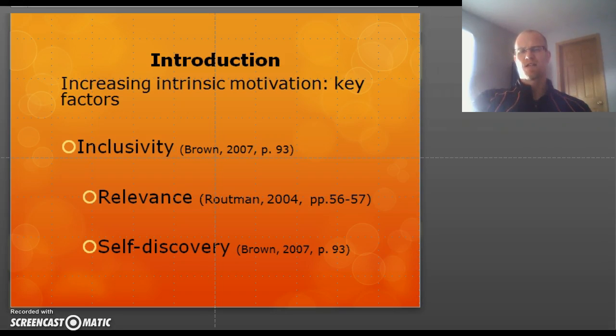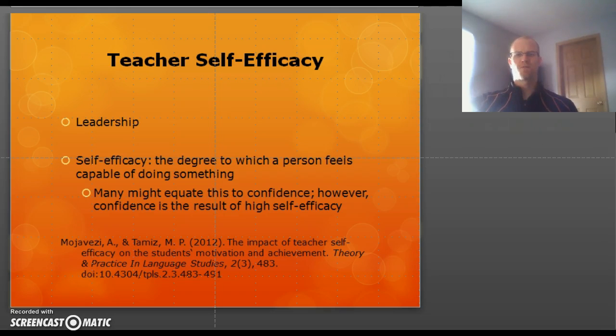The content of your classroom should have relevance, and all of these should allow for self-discovery and improvement of the self, which goes back to Maslow's hierarchy of needs, and helps to motivate the student towards higher self-actualization. In reading further, I also found that teacher self-efficacy is an important part of motivating our students.